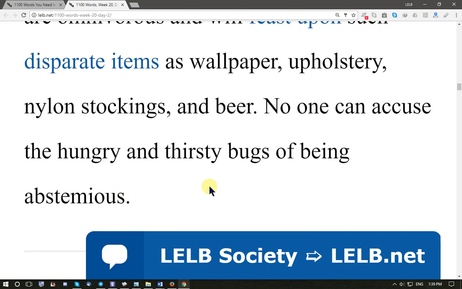No one can accuse or press charges against or convict the hungry and thirsty bugs, here in this context referring to roaches, of being abstemious, meaning actually being careful and selective in eating and drinking things.